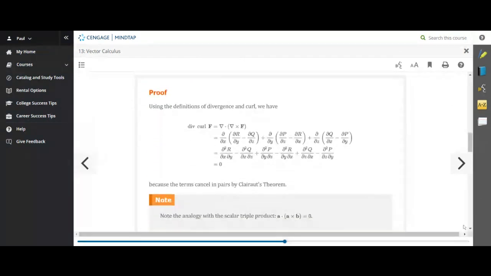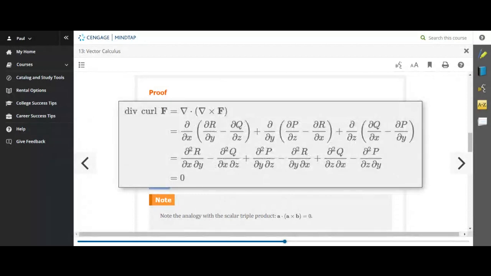All right, so here is the proof. The divergence of the curl would just be the del operator dotted with the curl. Well, the curl is equal to the cross product of the del operator and the vector field.